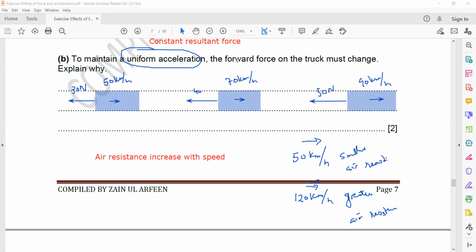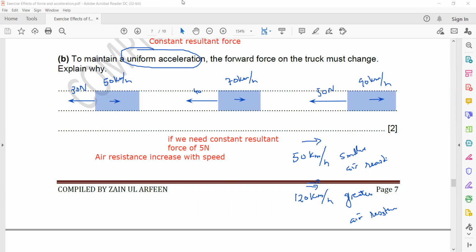We want a constant resultant force. For example, if I want a resultant force of 5 Newton, so I need a constant resultant force of 5 Newton.